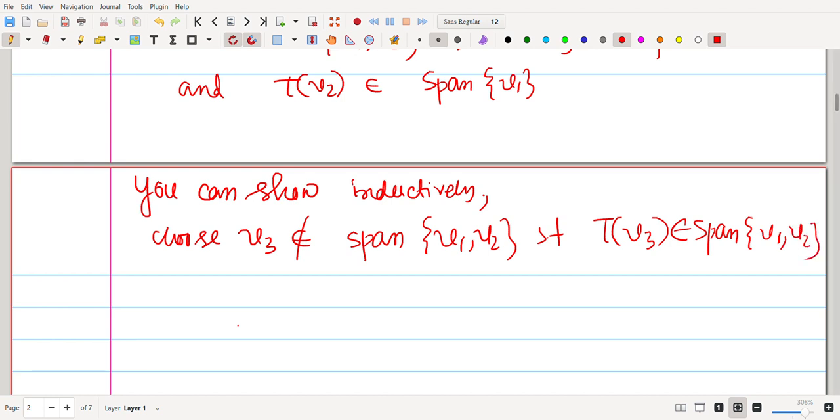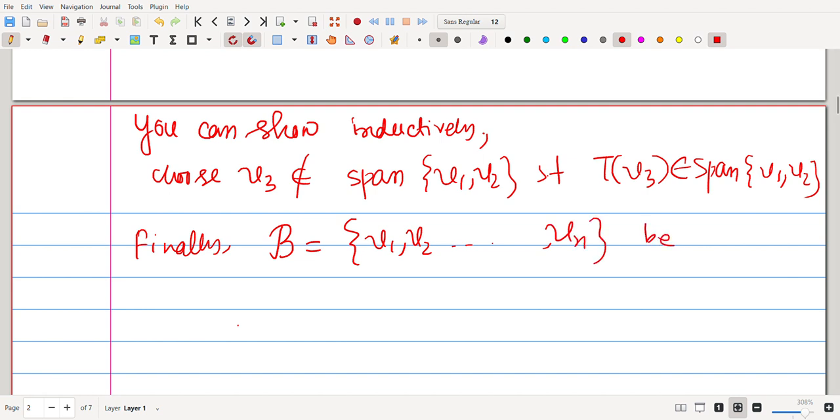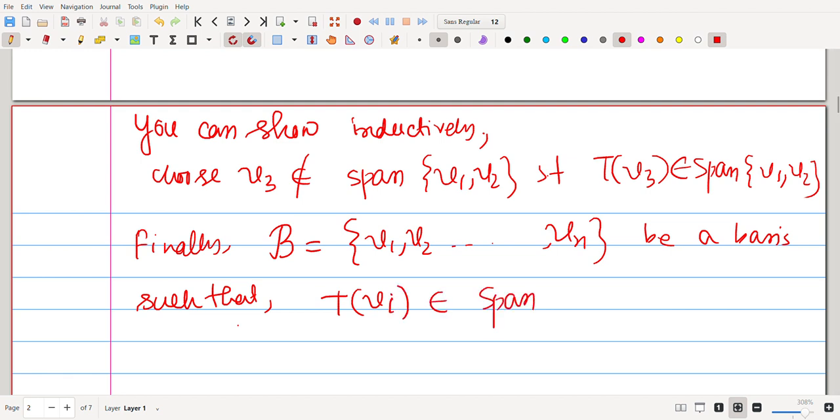Okay, and so on. So finally, in the nth stage you get a basis such that T of Vi belongs to span of V1 to Vi minus 1.